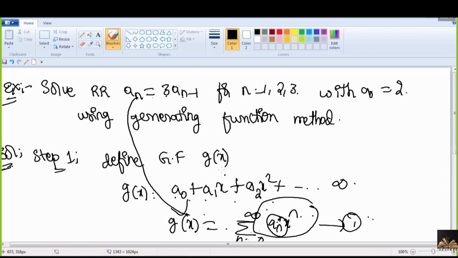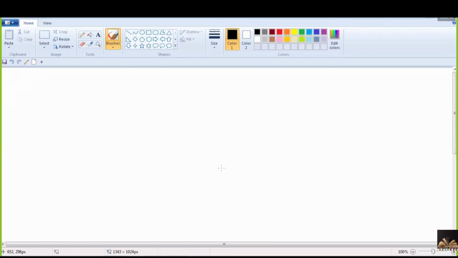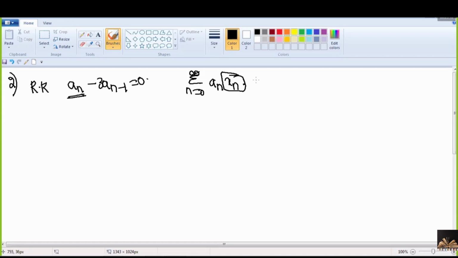So first define the generating function, then rewrite the recurrence relation. Now your step 2 is to consider the given recurrence relation, an minus 3an minus 1 equal to 0. What is the format of g of x? Summation of n equal to 0 to infinity an into x power n. In the general form of the generating function, we must have an into x power n.